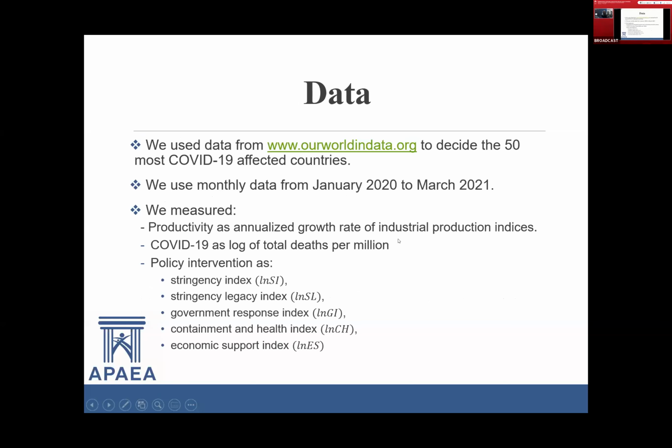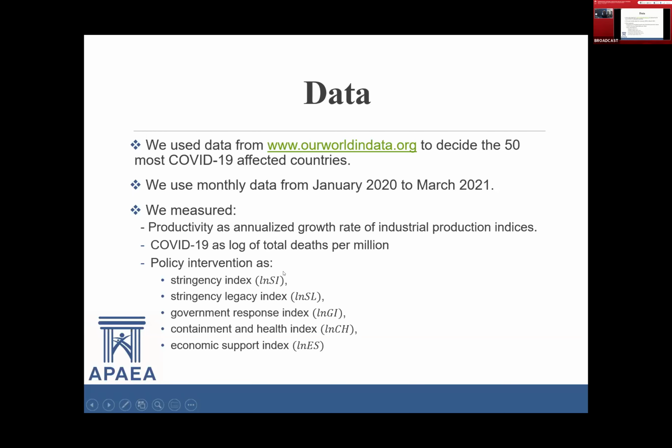Now, this is how we measure the variables we use in our model. First, for productivity, we use the annualized growth rate of industrial production. So this will tell us by how much productivity has increased or decreased over a period of time. For the COVID indicator, we use the log of total deaths per million associated with COVID.